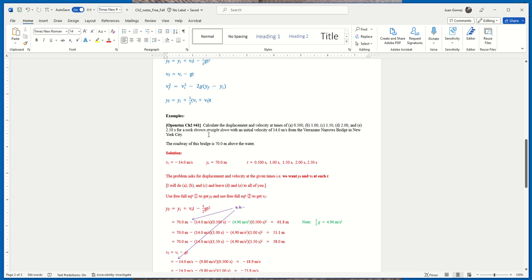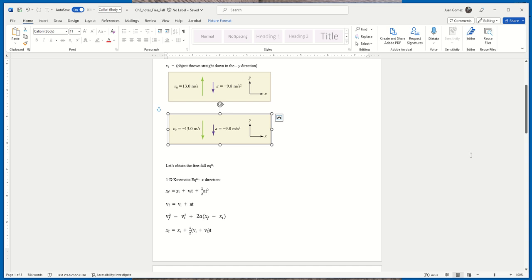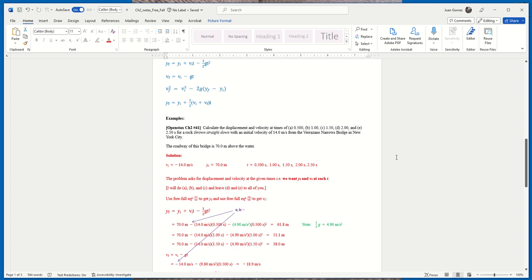It's for a rock thrown straight down, so this is the case where Vi is negative, with an initial velocity of 14 meters per second. It's thrown from the Verrazano Narrows Bridge in New York City, which is 70 meters above the water.